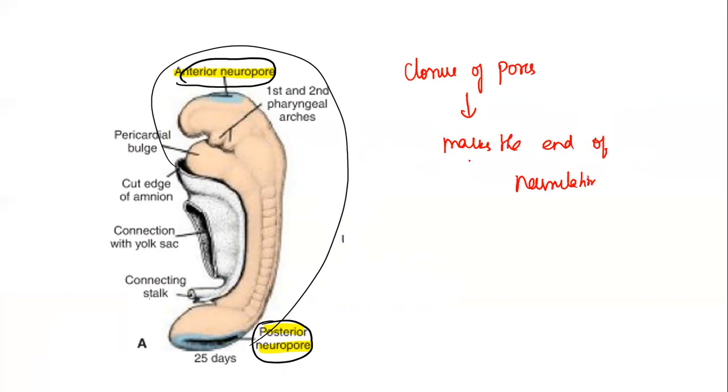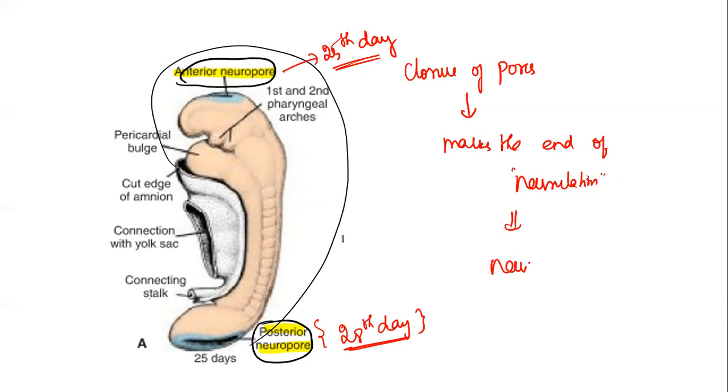The anterior neuropore will close approximately around the 25th day, and the posterior neuropore will close approximately on the 28th day. Very, very important. Once this closure of pores has taken place, it marks the end of neurulation, and a neural tube is formed.